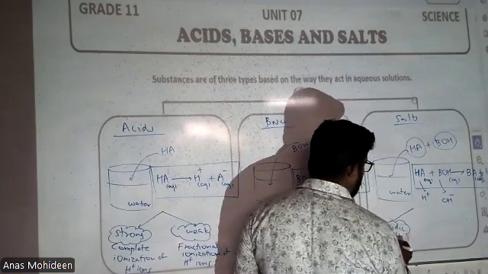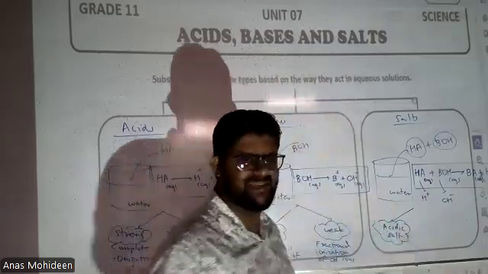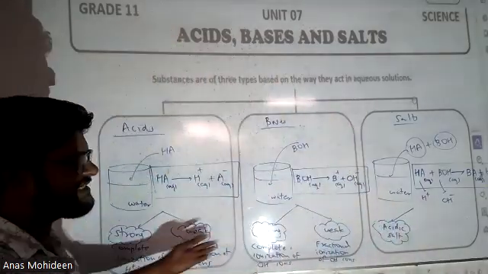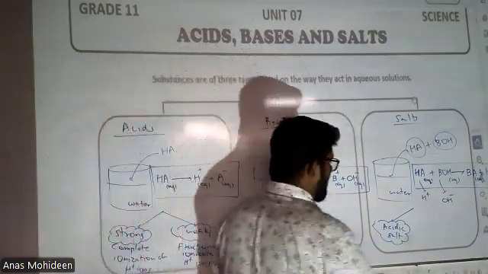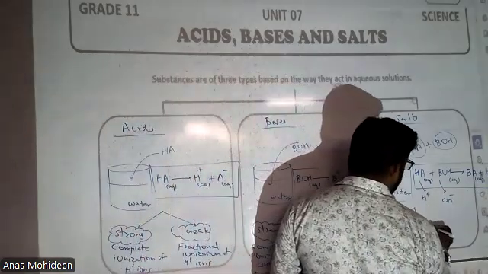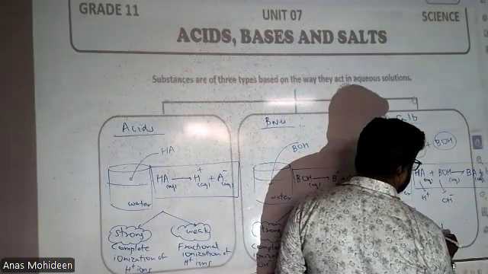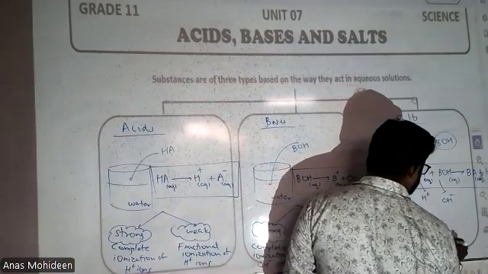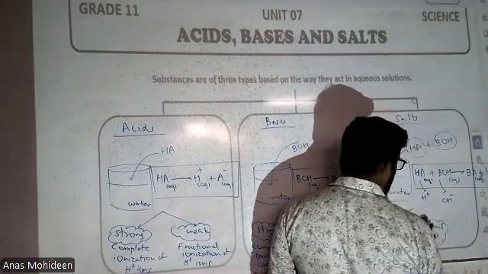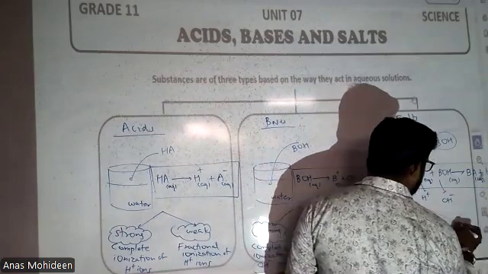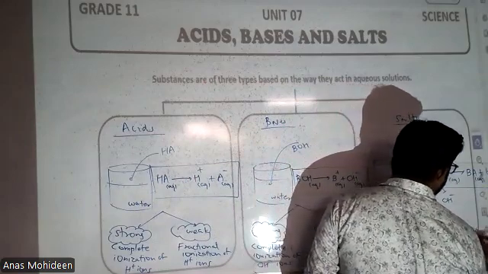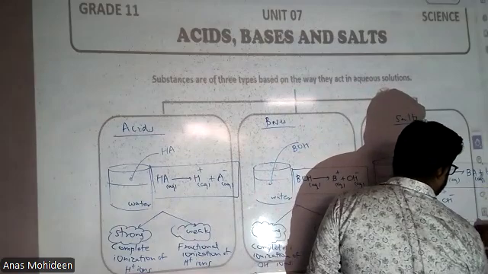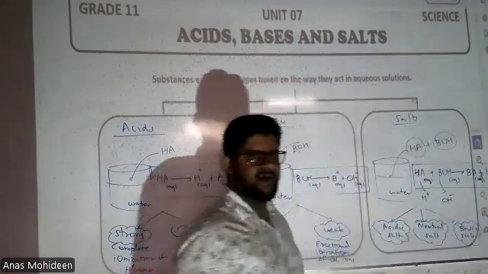Acidic salt means the salt is slightly showing acidic nature. What is the nature of acid? Which shows that acidic nature. And neutral salt means no acidic, no base. And the other one is basic salt. How does it happen?